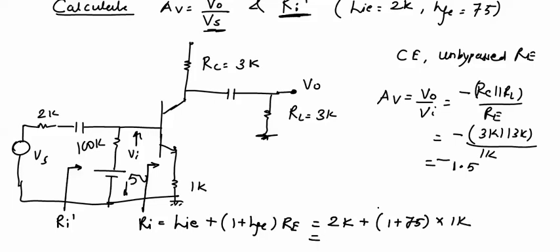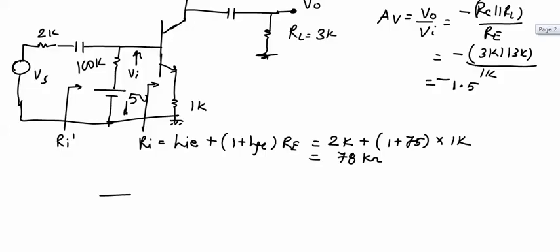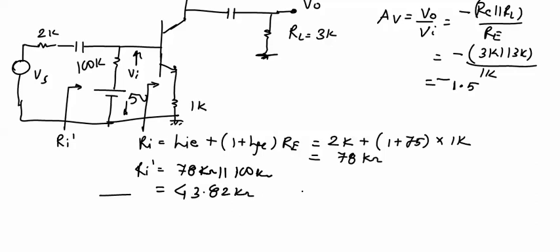It is 78 kilo ohms, and the resistance Ri dash is equal to 78 kilo ohms in parallel with 100 kilo ohms, equal to 43.82 kilo ohms.